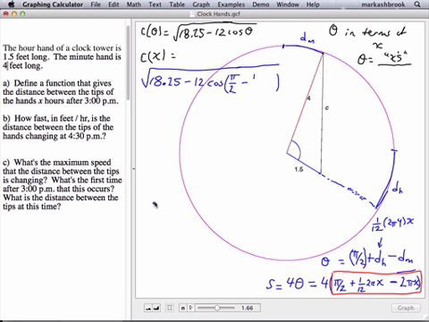Any help from the crowd? 1/6 minus 2, which is 12/6, equals negative 11/6. So we got theta in terms of x. And now we've got c in terms of x because we can just plug that theta in.